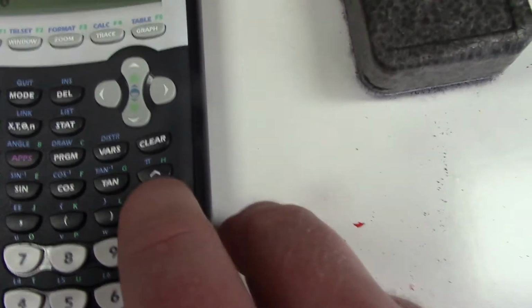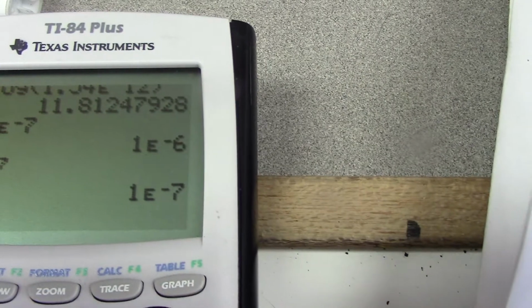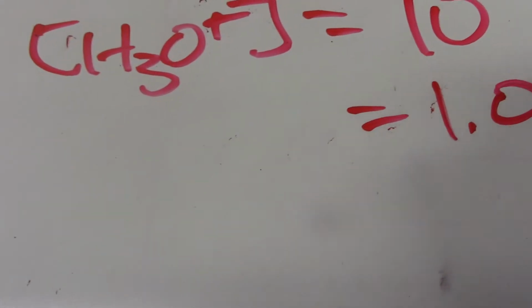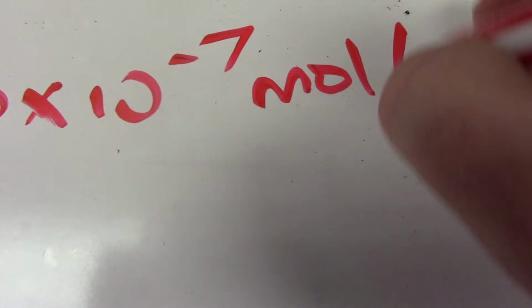Use the exponent triangle here, and that will be 1.0. Okay, 1.0 times 10 to the negative 7. That's what that stands for. 1.0 times 10 to the negative 7 moles per liter.